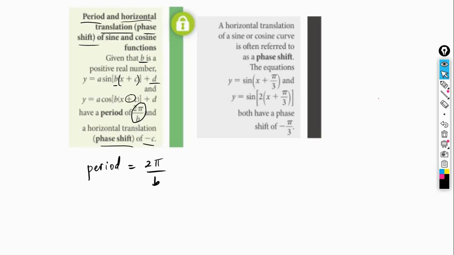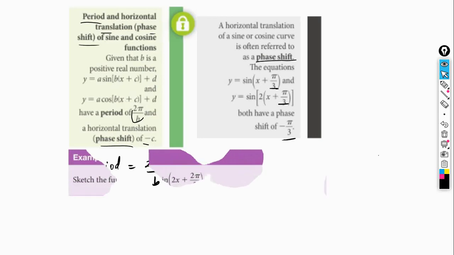So a horizontal translation of a sine or cosine function is often referred to as phase shift. So the equations y equals sine of x plus pi thirds and y equals sine of 2 times x plus pi thirds both have a phase shift of minus pi thirds.